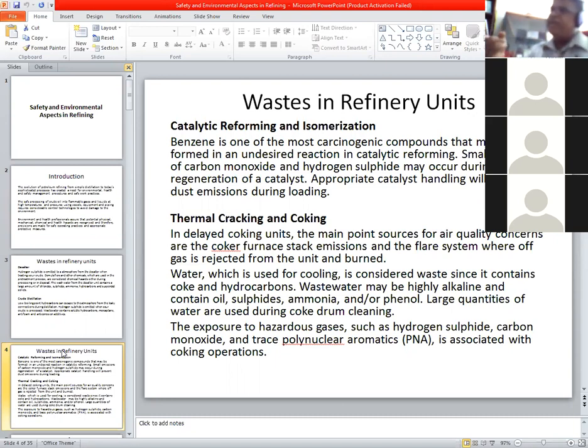When we do the refining activities for 1 ton of crude, we produce around half a kg of BTX, which is very harmful. But we cannot avoid that. This is a toxic and harmful substance. So we have to use appropriate technology to capture this.